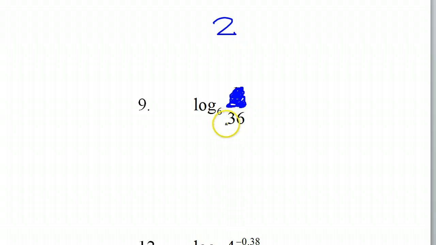So 6 to the what power would give you 36? You're probably thinking, oh, that's 2. Alright, 6 squared is 36, so that would be 2. Now, because it's actually 1 over the number, then that makes this a -2.